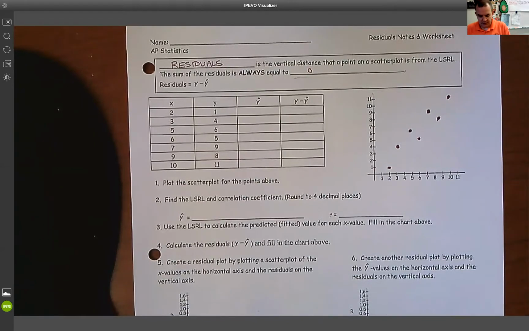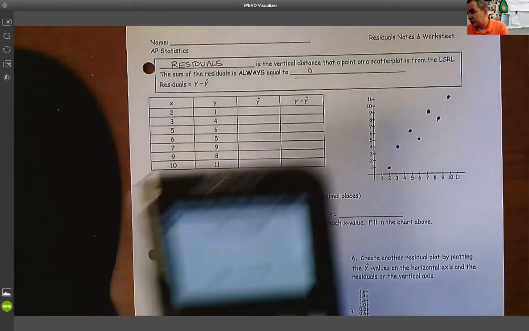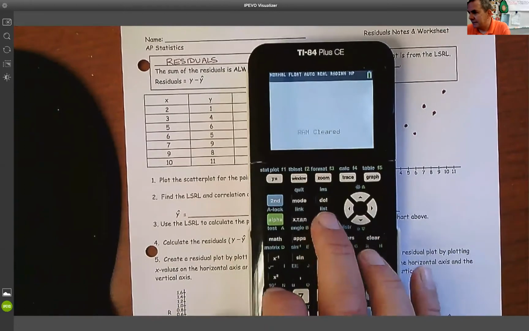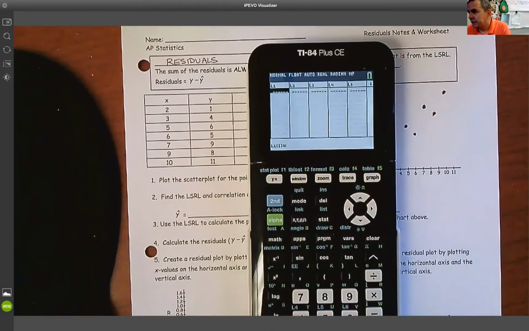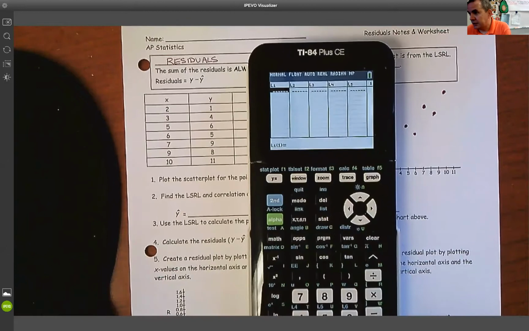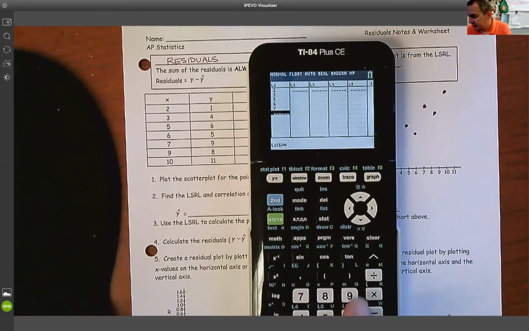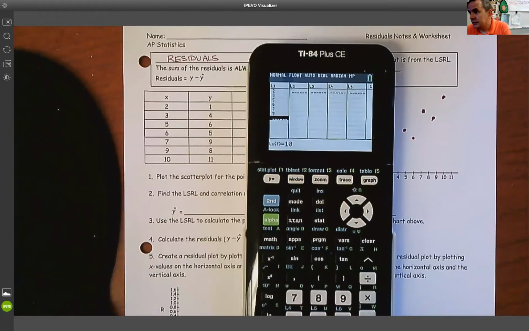Again, I told you that this is not something that's going to come up an awful lot, but I just want to show you how you do it in the calculator. You would go to stat, edit, and put in your X's, your explanatory, in L1: 2, 3, 5, 6, 7, 9, and 10.